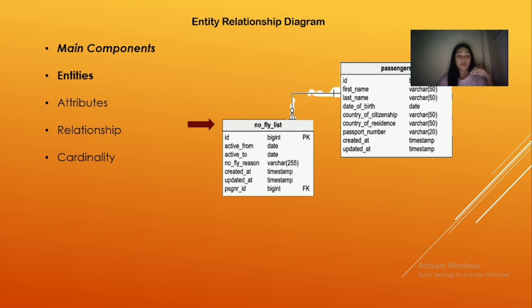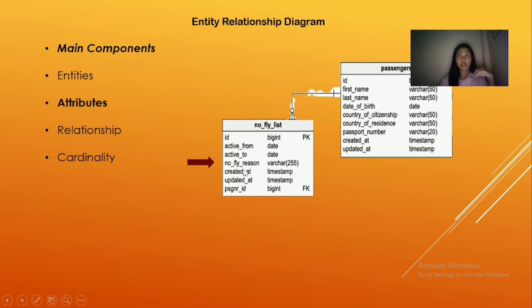The main components of ERD: the entities, the attributes, the relationships, and the cardinality. This is the entity. For example, instructor, student, employee. Next, the attributes. This is the attributes.